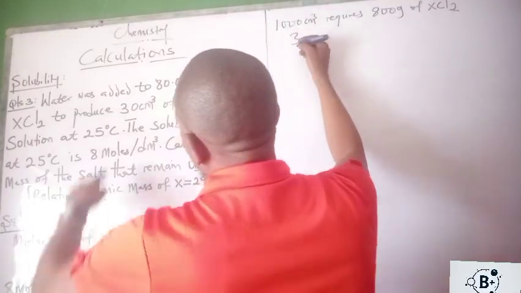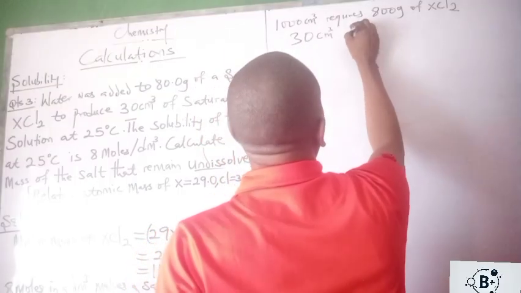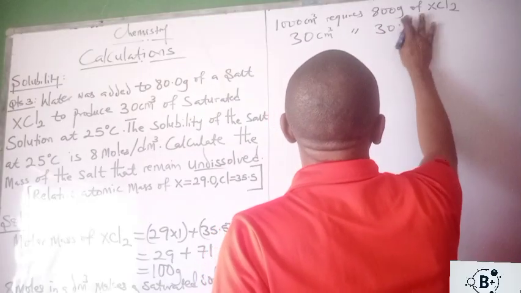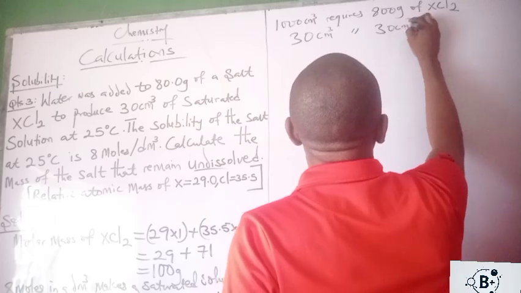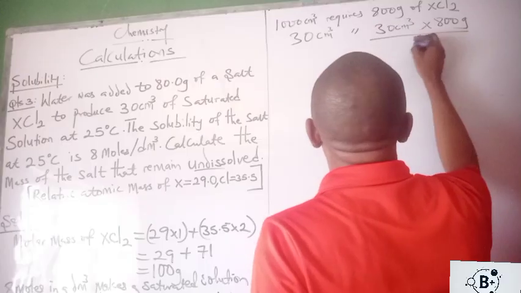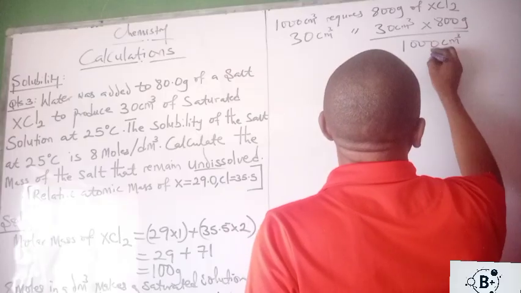So therefore 30 cm³ will require 30 cm³ times 800 grams over 1000 cm³.